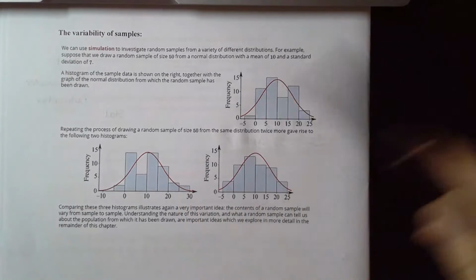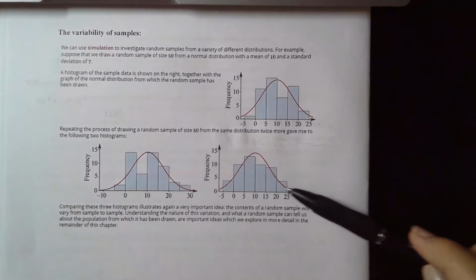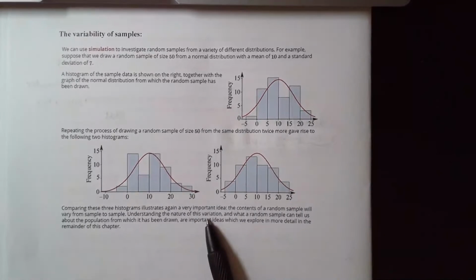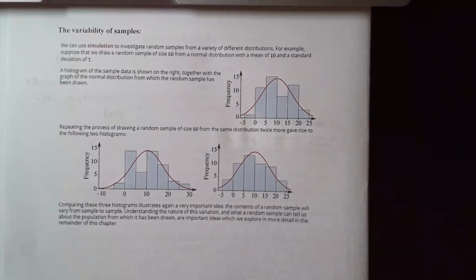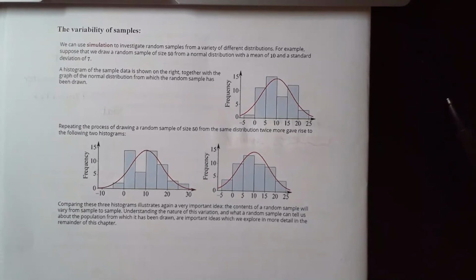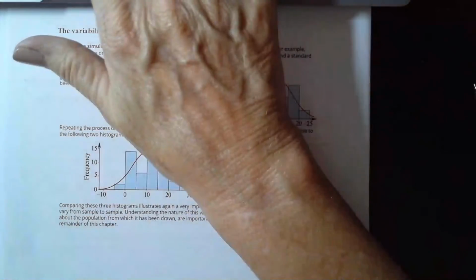You can use these computer-generated simulations, and all these different things come up each time I do it. So even though you do samples and you're really careful about being very random, there is a natural variation in random samples and what they can tell us about the population. That's what we'll start studying in 13.3.